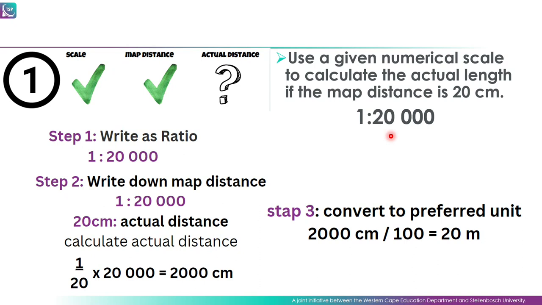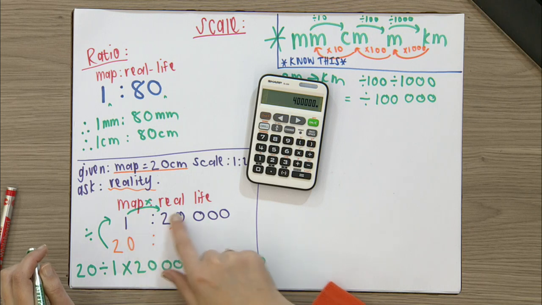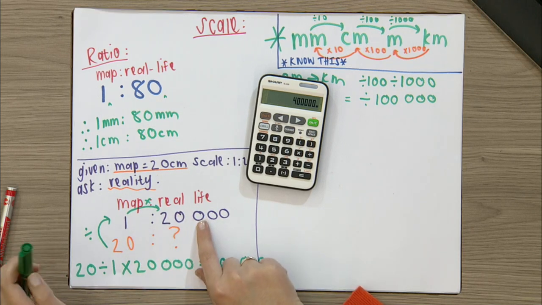Now what we need to remember is if this is 400,000, there's another way that you can get to this. So if you look at this, I just want to show you a different way. What you can do now is you can also see the ratio is 1 is to 20,000. 20 centimeters is to the actual distance. So if we just go back to what we have here, 1 unit on the map is equal to 20,000 units in real life.